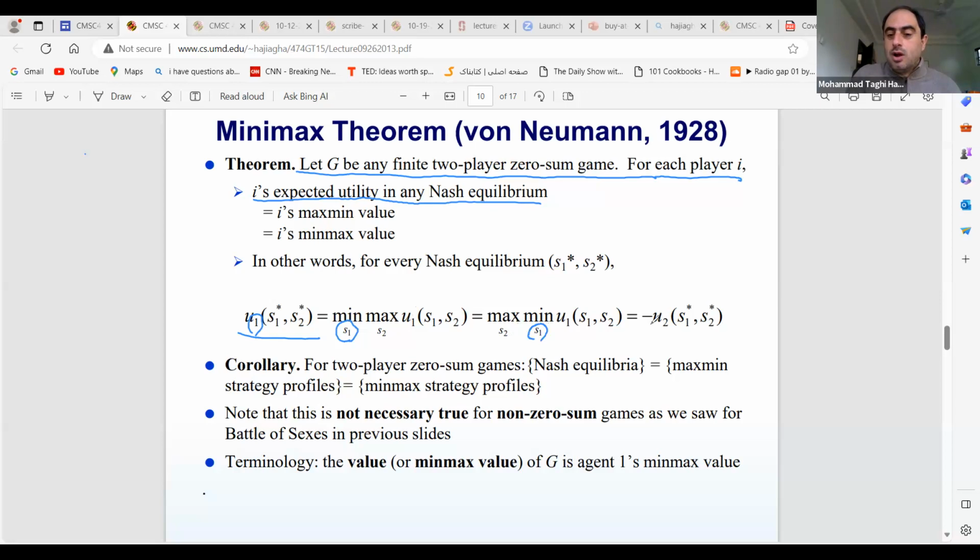And here we are talking about a zero-sum game, so U1 of S1 star, S2 star is equal to minus U2 of S1 star, S2 star.